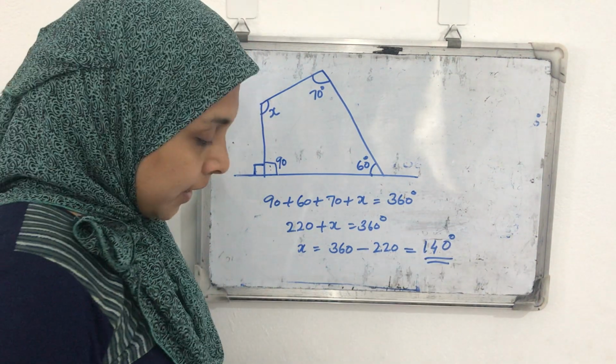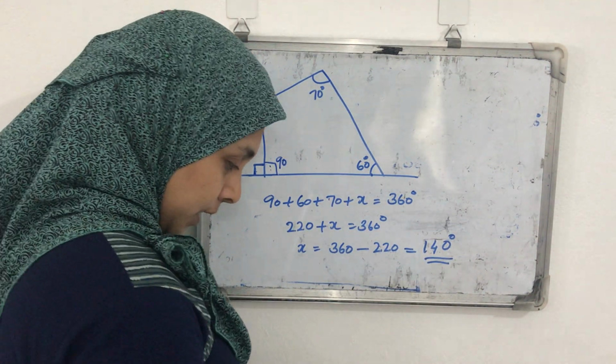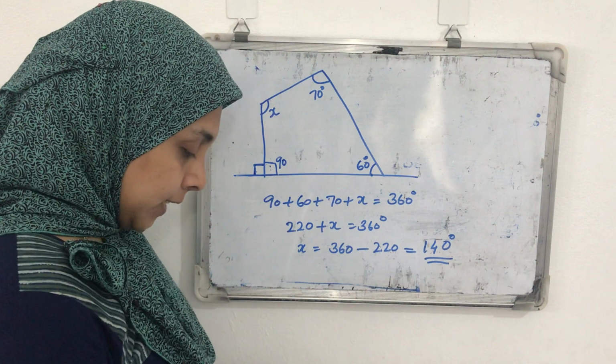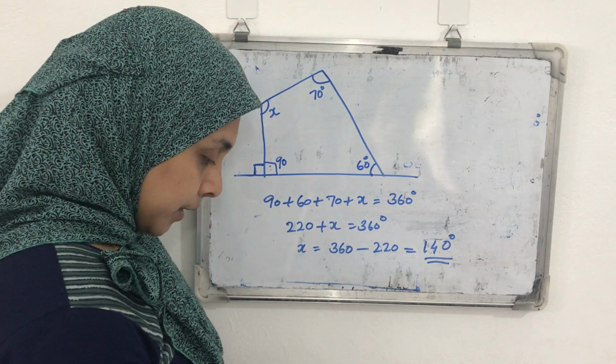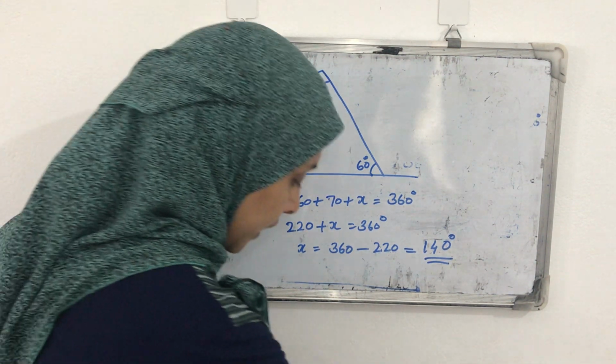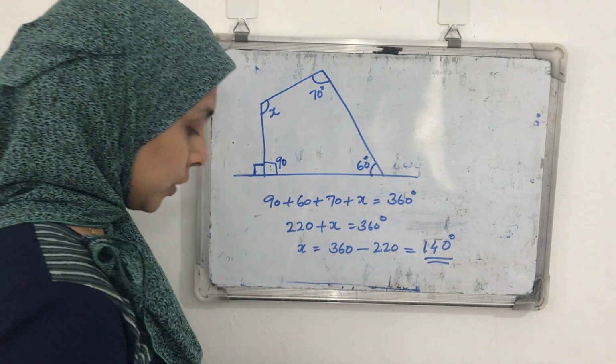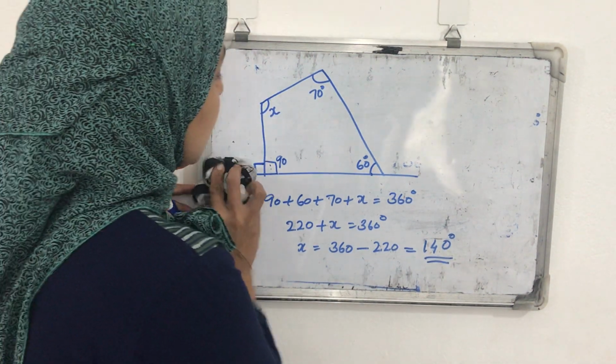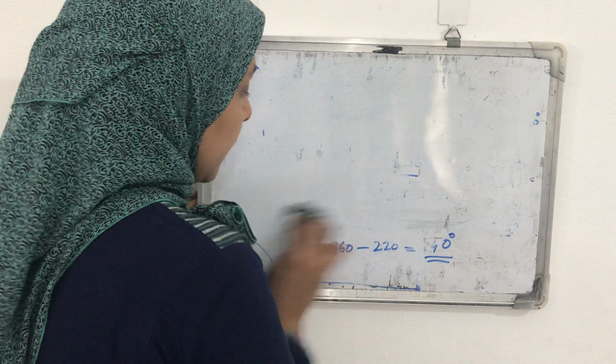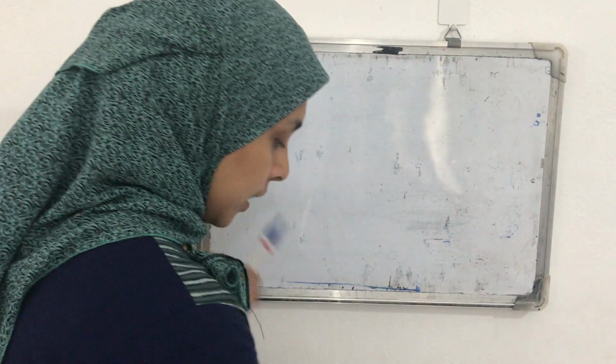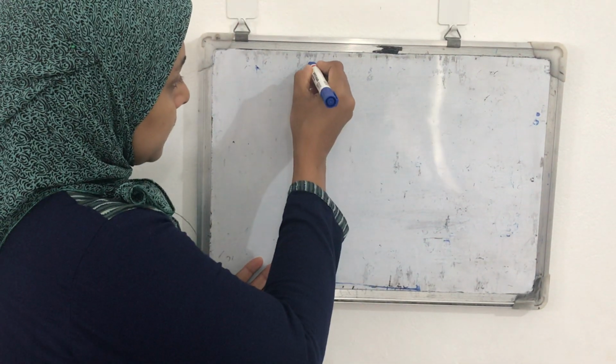Okay, then there are some more questions. Question C, that also we can do. The remaining 2 questions you can do as homework. If you have any doubt, you can call me and clear your doubts. The figure is this.